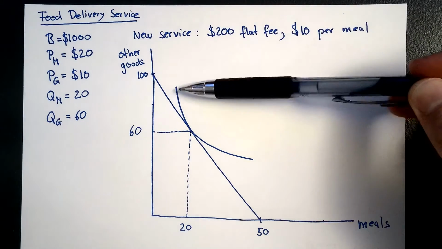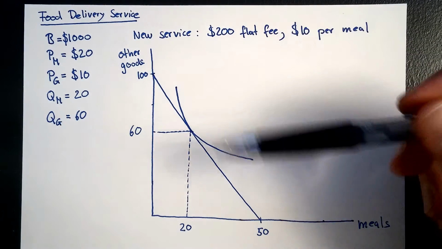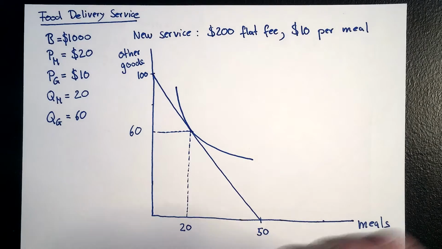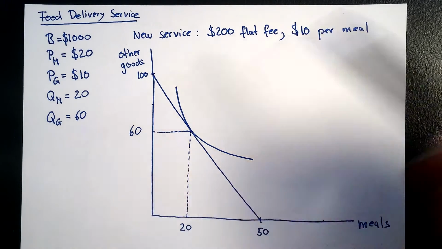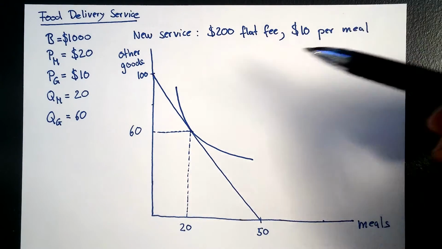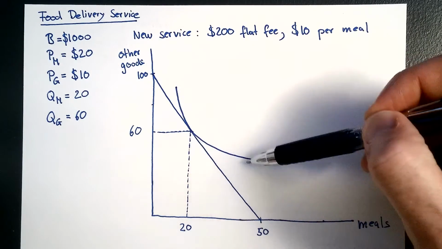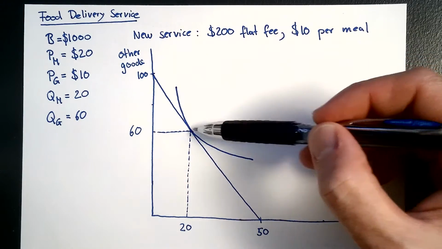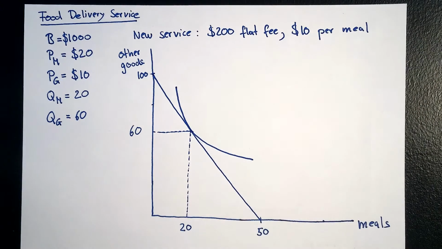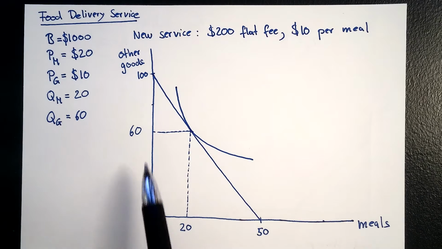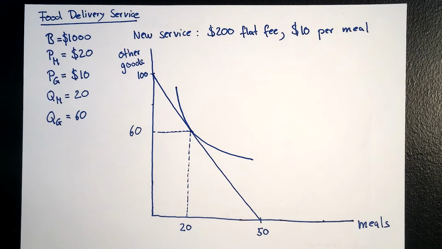But our preferences are such that we are currently consuming 20 meals and 60 units of other goods. We know that because we assume that we have an indifference curve which is tangent right at the budget constraint, where the point is 20 meals and 60 units of other goods.